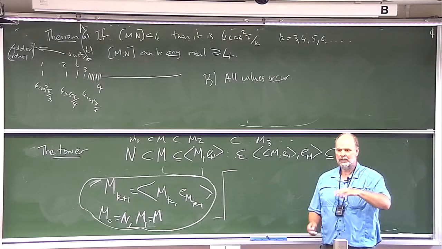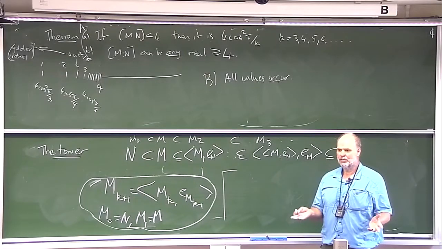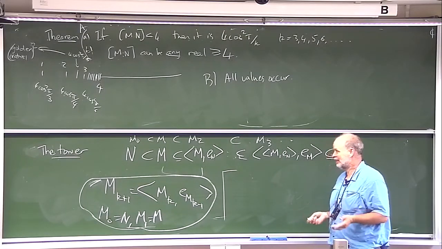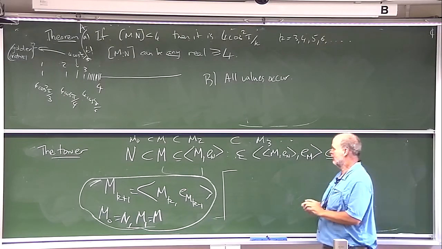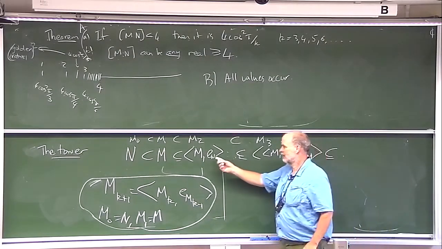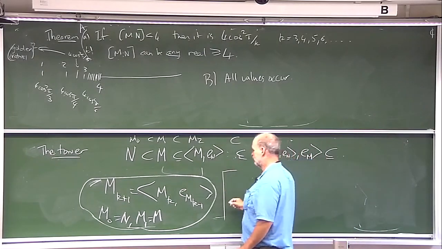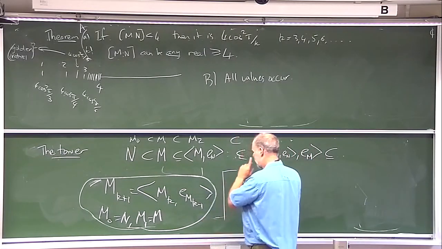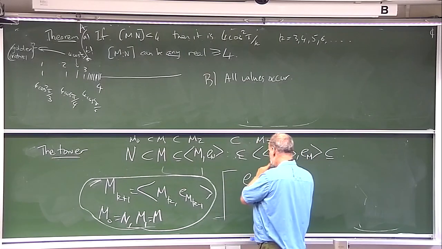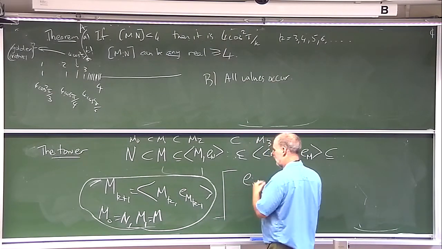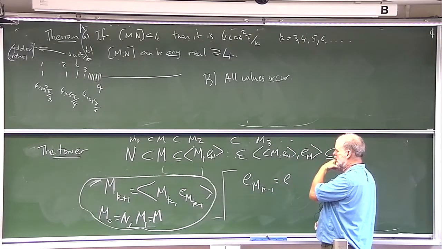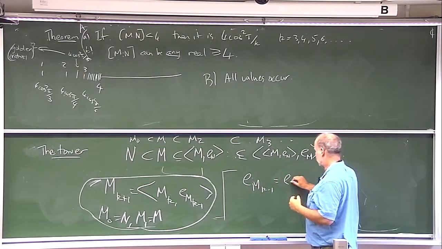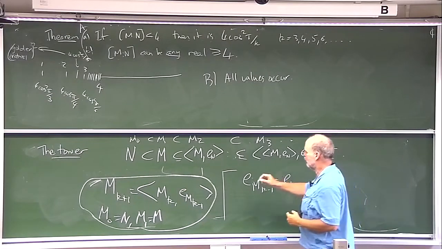I want to emphasize the real gift of this proof to mathematics and to me personally, was that the first thing that you get out of it is these E's. We call this one E_1, obviously. Now we can say we have a renumbering E sub M sub k minus 1. We're going to call E_k, I think. So anyway, the first one is supposed to be E_1.